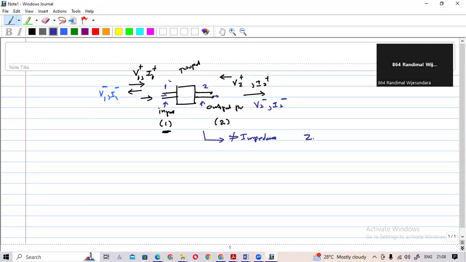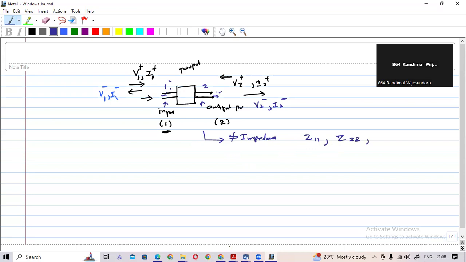It is normally referred to as Z11. And this is port 2 to 2 impedance, Z22.